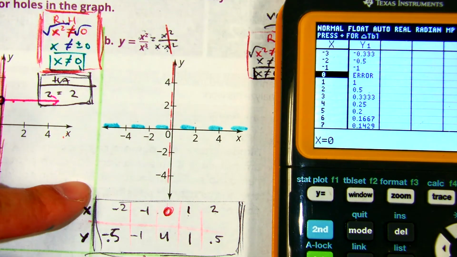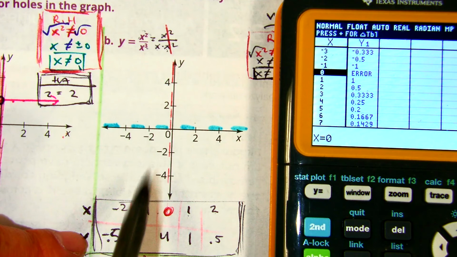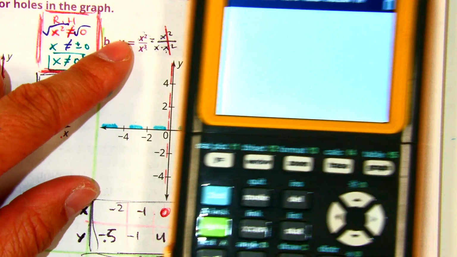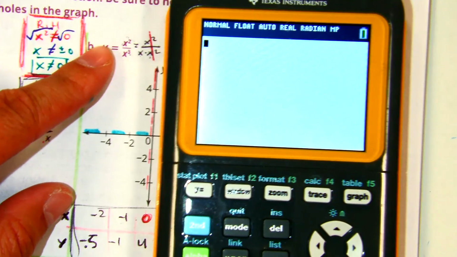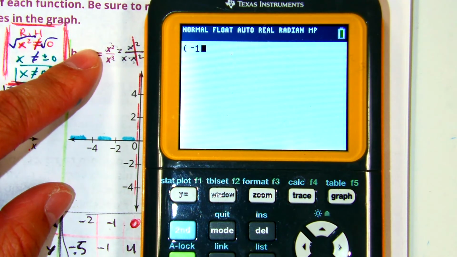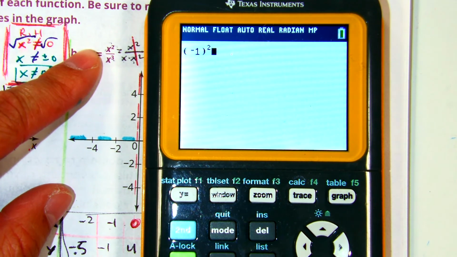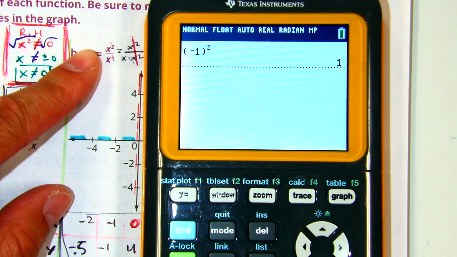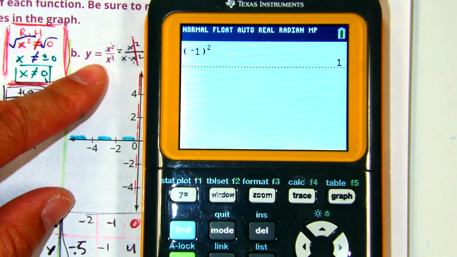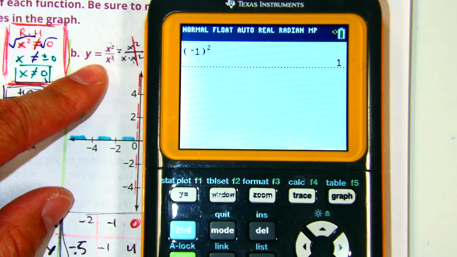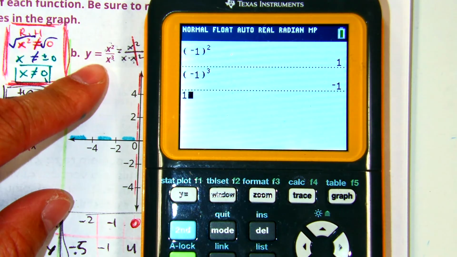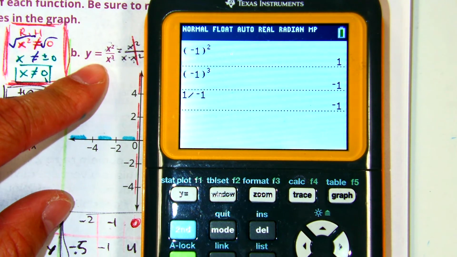How do I get these answers? You just put in -1 squared, so you can do this with your regular calculator. Now, this is where students are getting mistakes, okay? Parentheses, -1 squared. You must use parentheses. You will get a wrong answer. That is 1, and then I can do -1 to the third power, and then I know that 1 divided by -1 is -1.